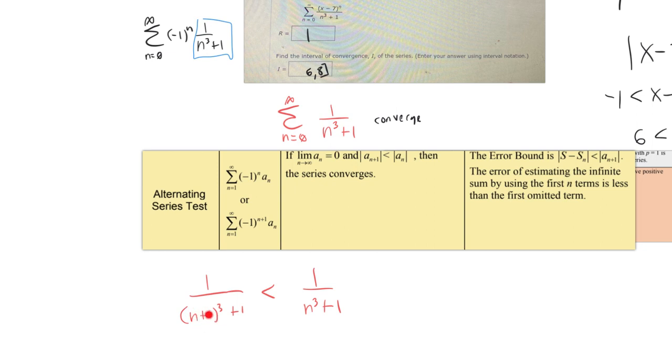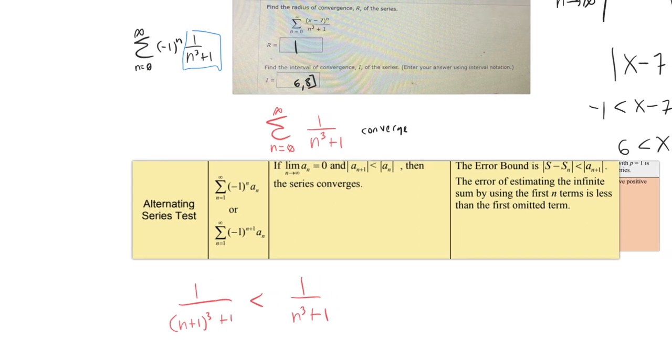So this will always be some larger positive number cubed plus 1, seeing as n starts at 1 and then goes up. So this denominator will always be bigger, which means that this fraction itself will always be smaller. So that satisfies both criteria for the alternating series test, and therefore we know for a fact that when x is equal to 6, it also converges, which means that we're going to get a bracket next to that as well.